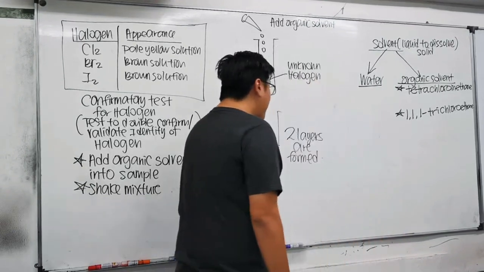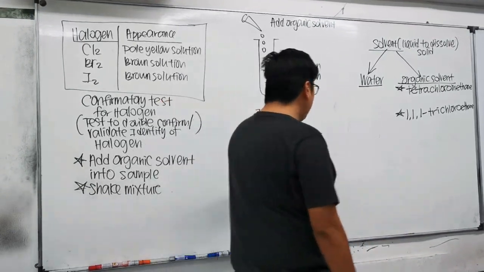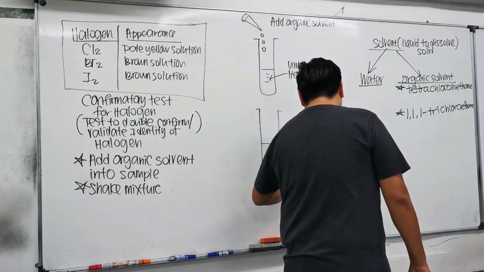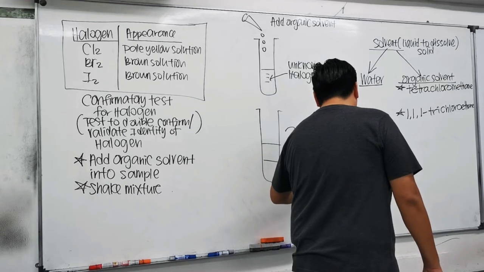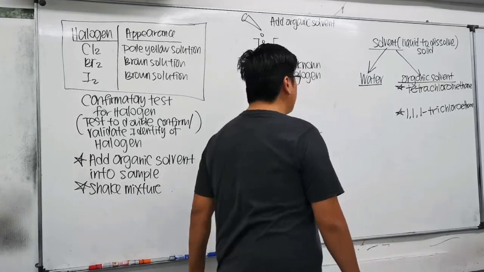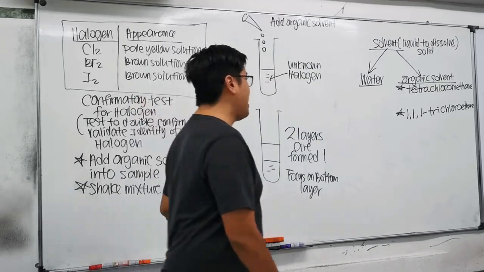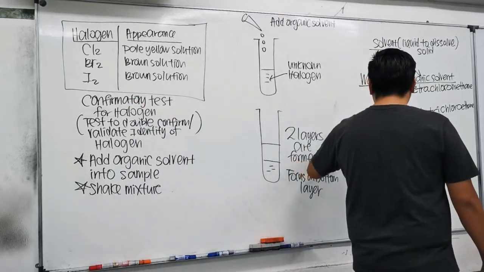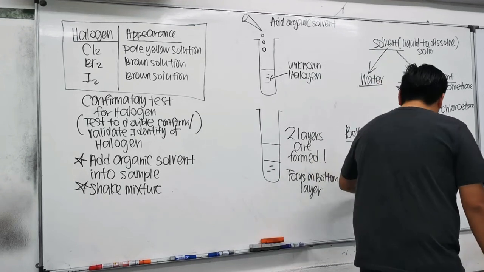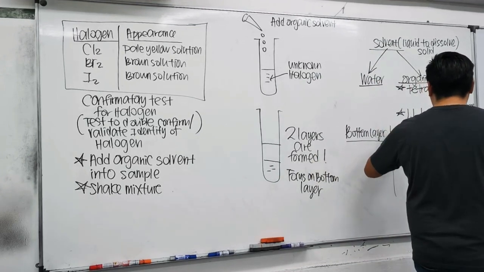In SPM, you should only focus on the bottom layer. Just focus on the bottom layer and it will do. This bottom layer will tell you some important things. Everyone, look at here. This is the bottom layer, and this is the identity of your halogen.